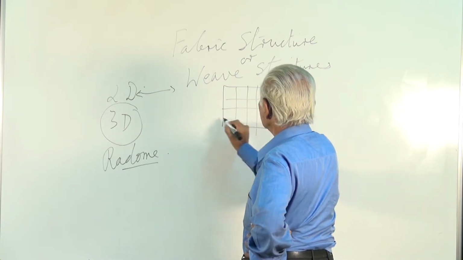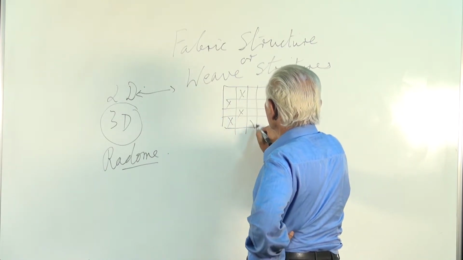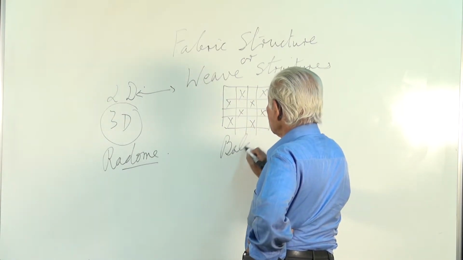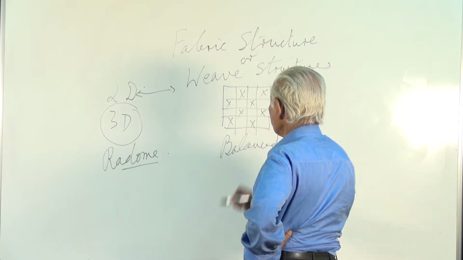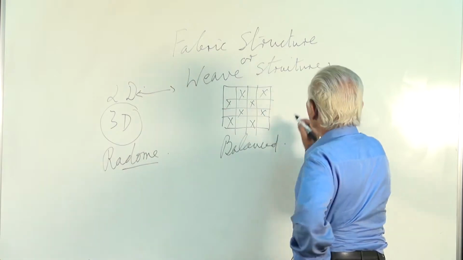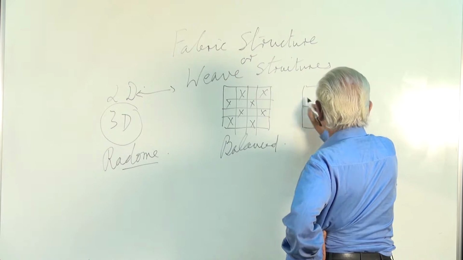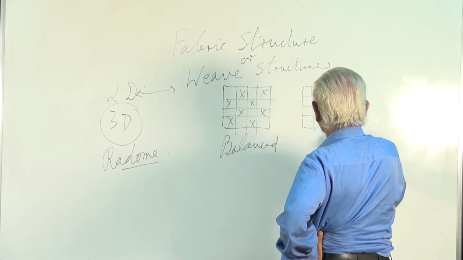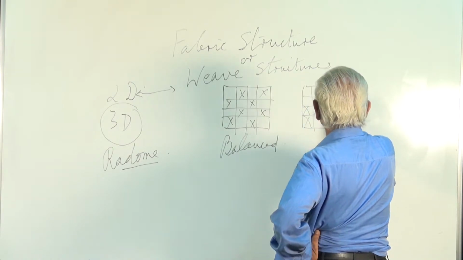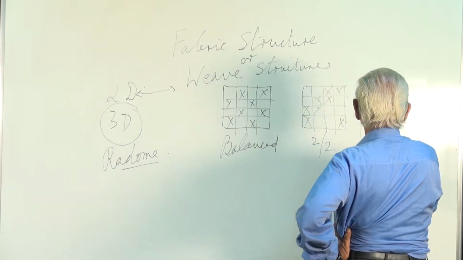This is the so-called plain weave, which is used to a very large extent because of the fact that it is a balanced one and it gives a higher strength, but lacks in so many other respects, which we will see. Then we have a twill weave. This is the two up, two down twill. And this is the satin weave.